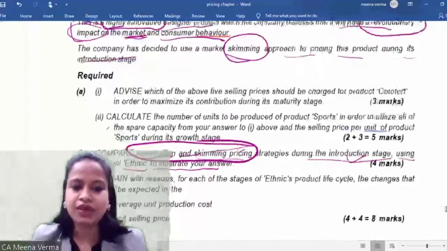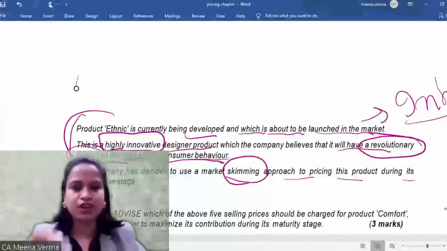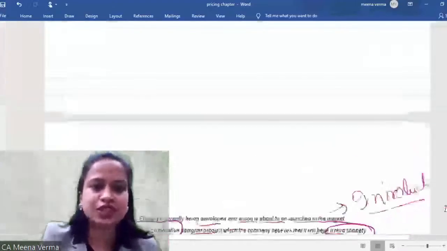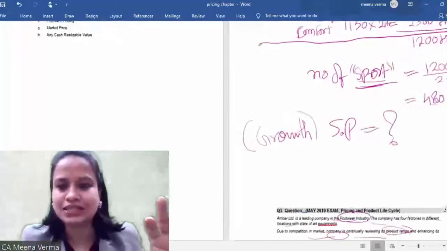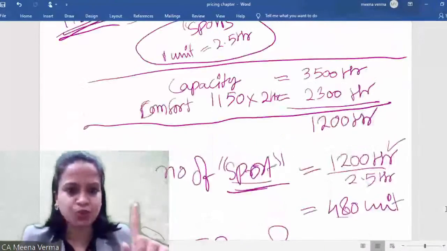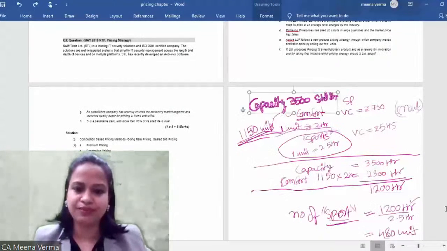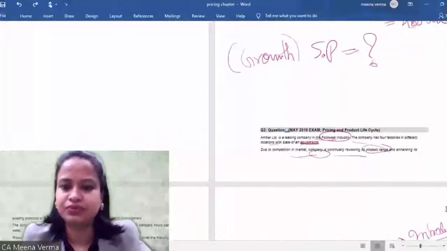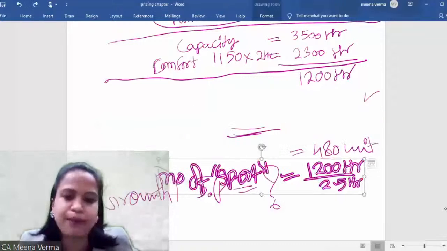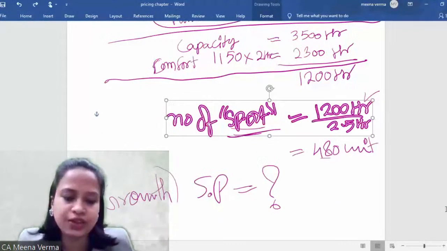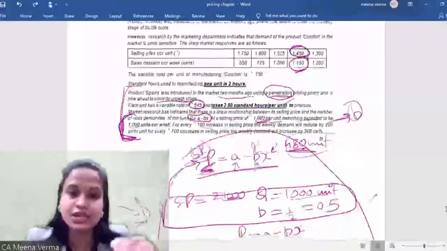Now we have to discuss which strategy is good for a new product, the ethnic product. In this question, they have talked about three different products. The first product was the comfort product, the second was the sport product, and the third is the ethnic product.